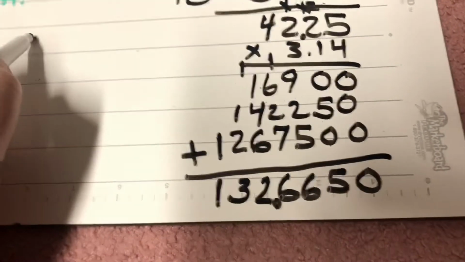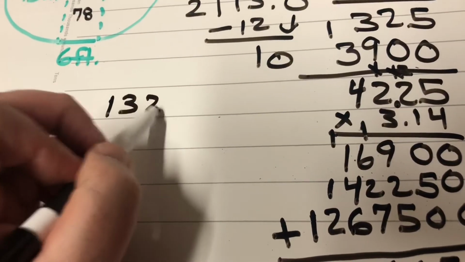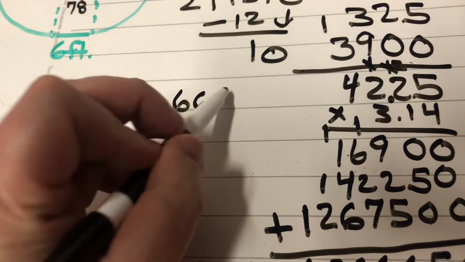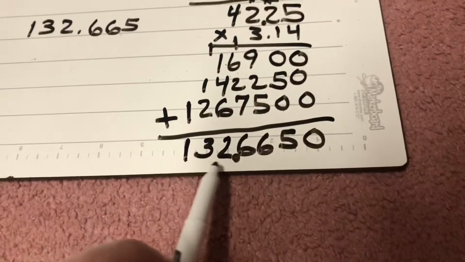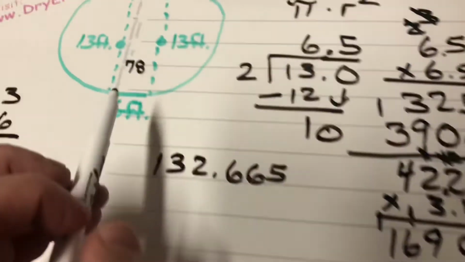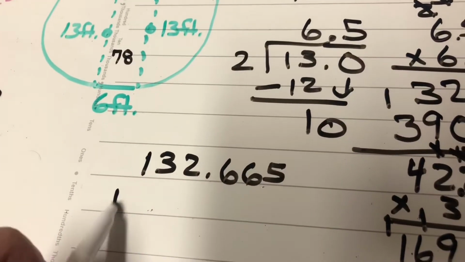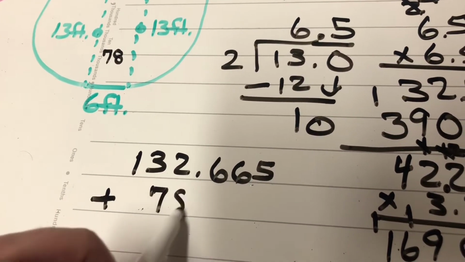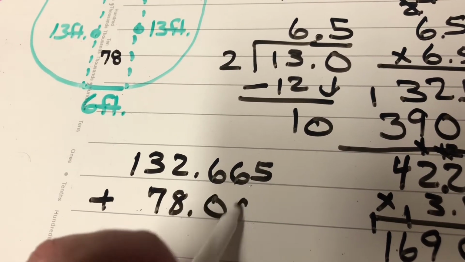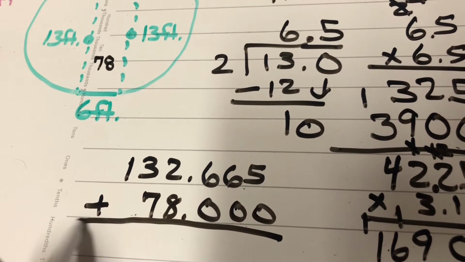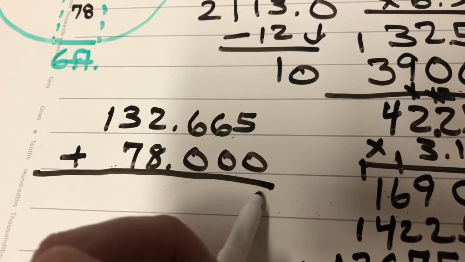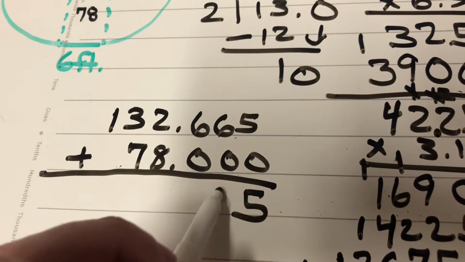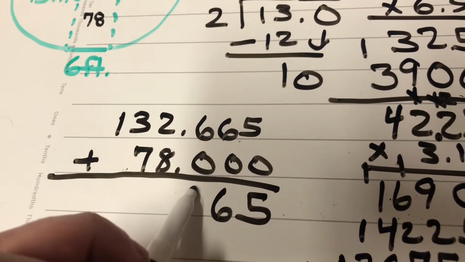So I'm going to have 132 and 665 thousandths. 132.665 plus the 78. Of course, I can think about that as being 78.000 if I want to. 5 and 0 is 5. 6 and 0 is 6. 6 and 0 is 6.